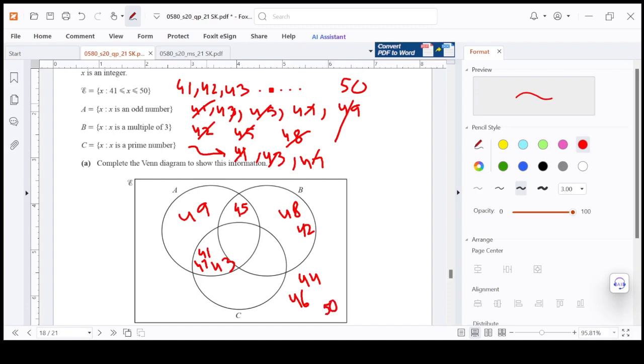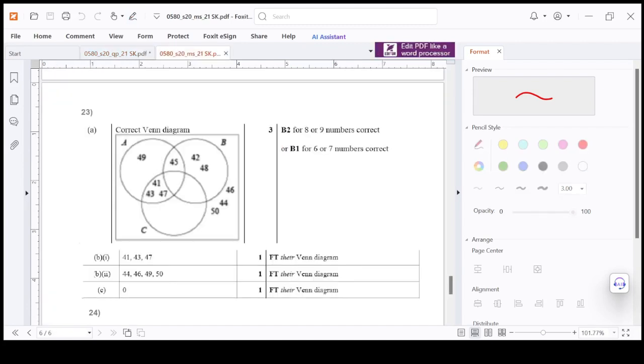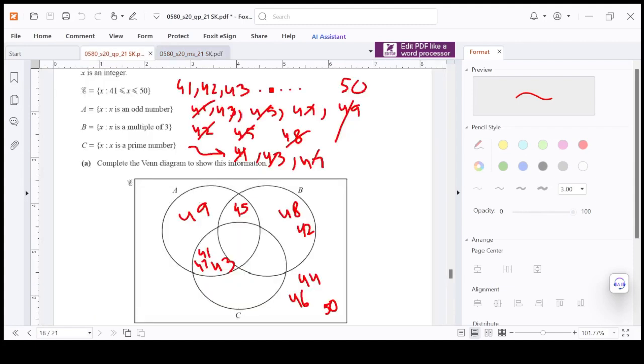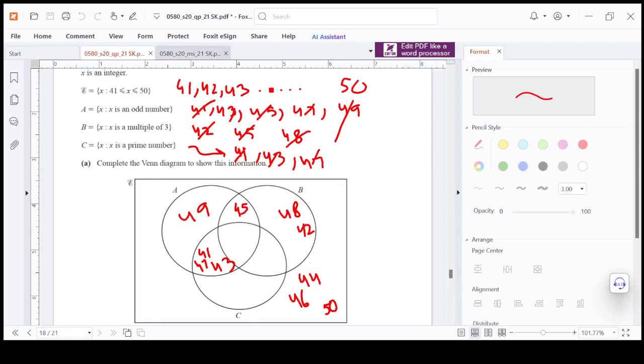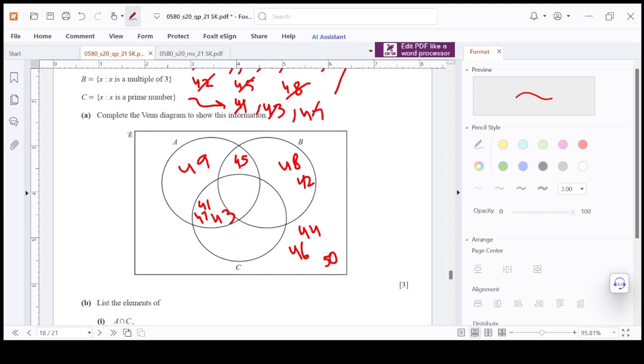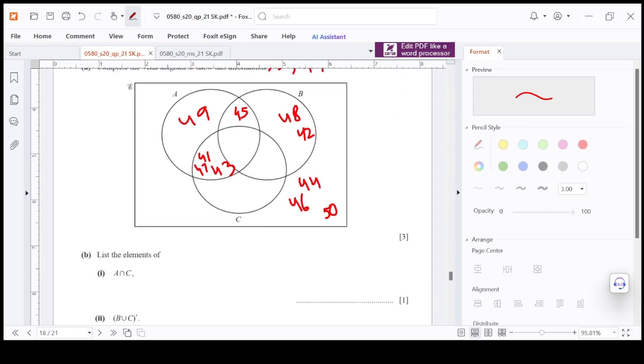So these 3 numbers are outside. Let me check. 44, 46, 50 is outside. 41, 47, 43 is where it's supposed to be. 49, 45, 48, and 42. Yeah, everything looks good.